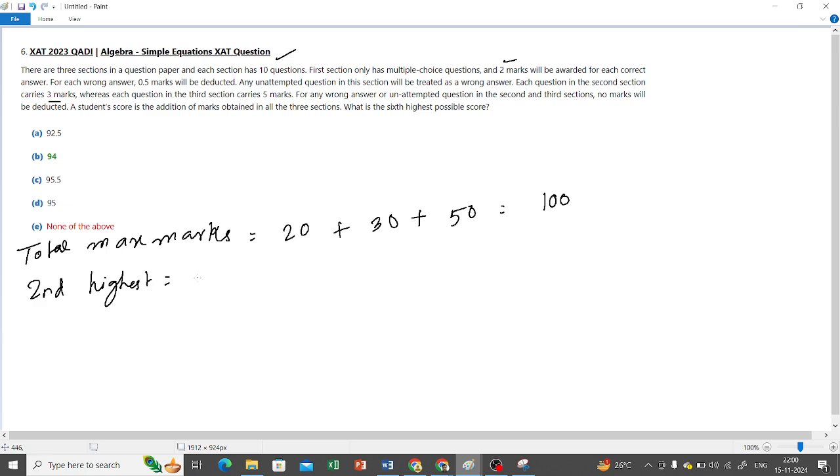So second highest means one incorrect answer in section A. So that is 100 minus 0.5.